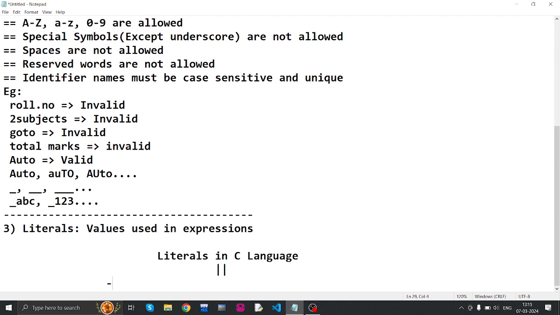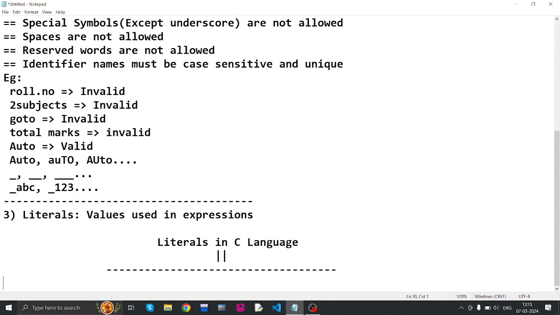Generally, in programming language, we can use two types of literals. What are they? They are numeric literals and second one non-numeric literals. Numeric means numbers.